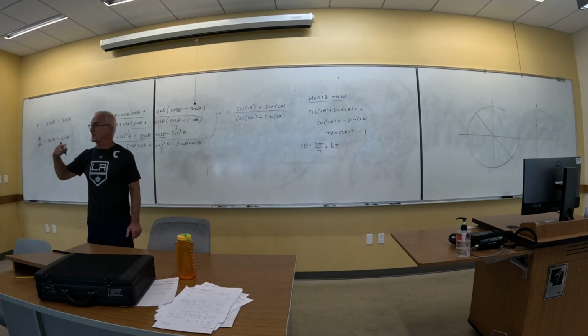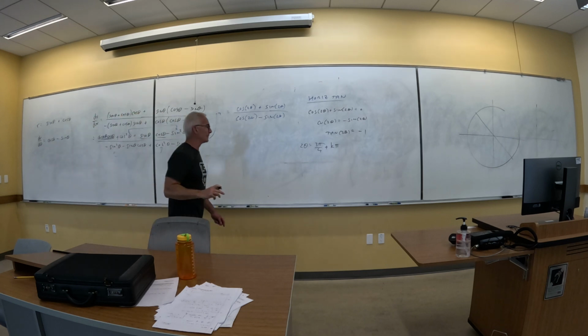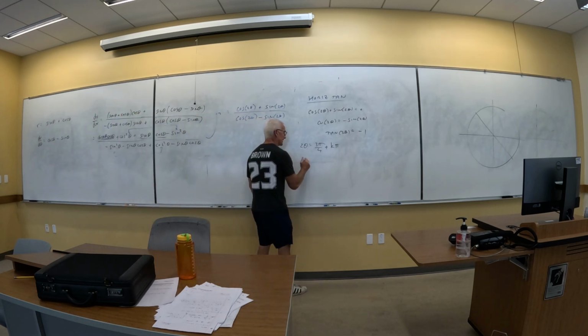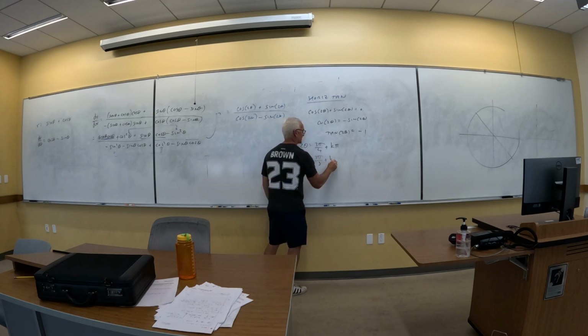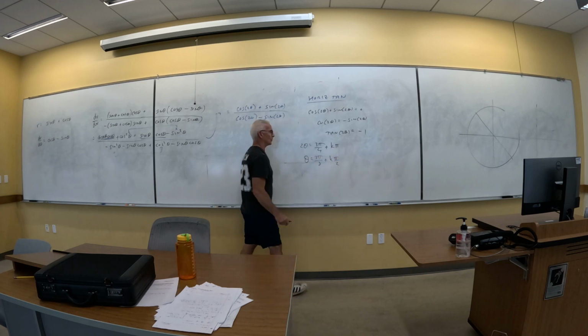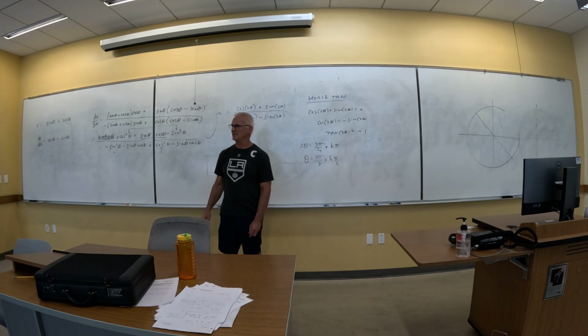I want to do it that way because we're going to have a whole bunch of answers, aren't we? Because that means that theta is what? Three pi over 8 plus k pi over 2. Ooh, those are weird looking angles.